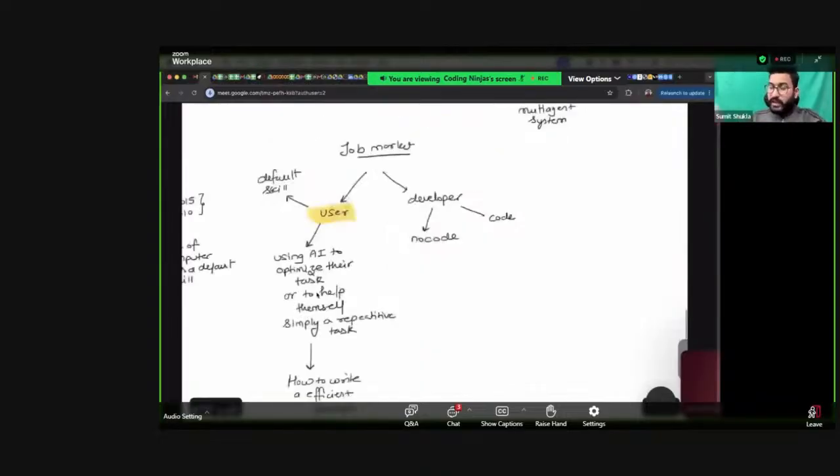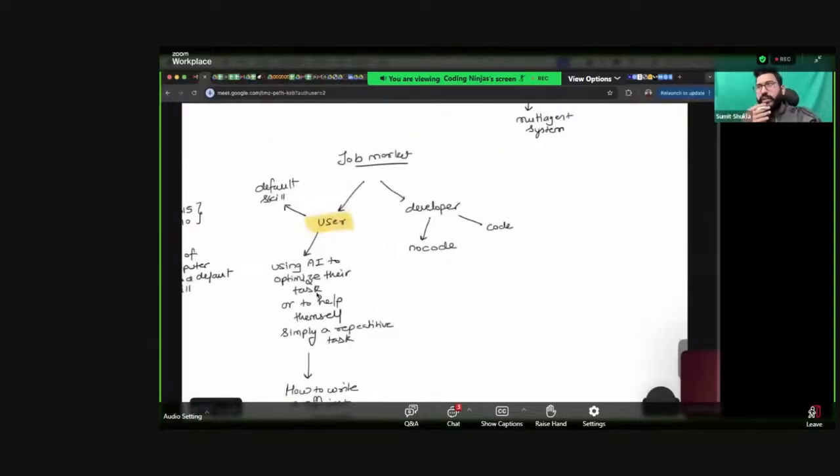If I look at this other section, which is the developer section, these are people who are creating solutions on top of AI, using the power of AI.